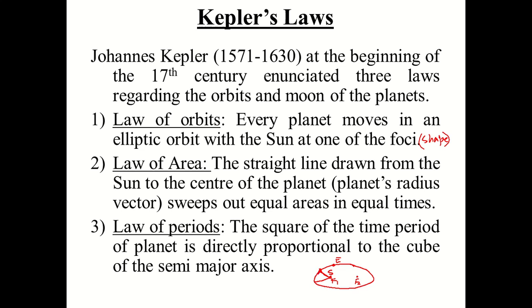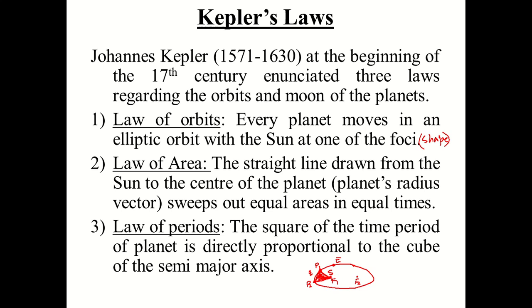And when the planet moves and reaches this position, let's say this is position 1 and this is position 2, then as the planet moves from position P1 to P2, let's say it takes a time t, and the radius vector sweeps out this area in t time.